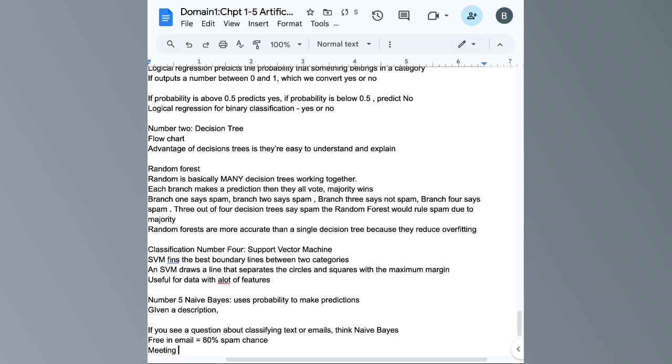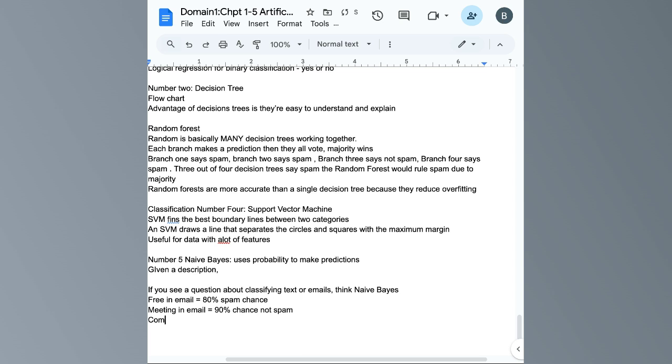If you see meeting in an email, it's 90% chance not spam. It's not an email you want to miss. So you combine probabilities to make predictions.